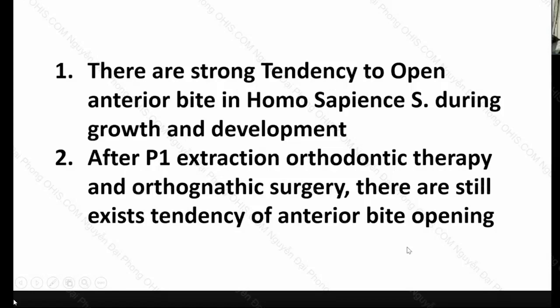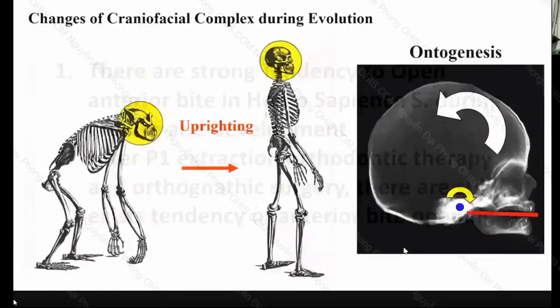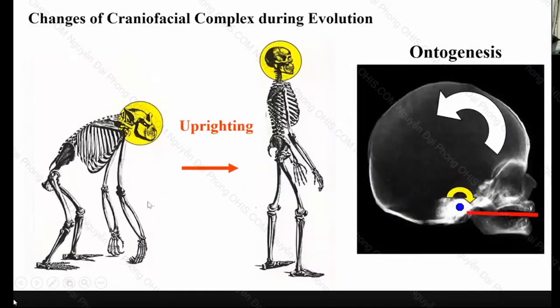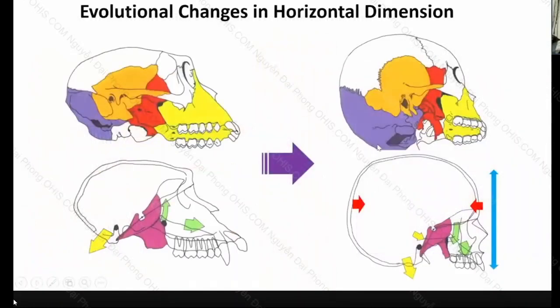So anyway, we are uprighting, and also the craniofacial complex during the ontogenetic processes is also uprighting. So if you compare the primate and Homo sapiens sapiens, our anteroposterior dimension is very much compressed.